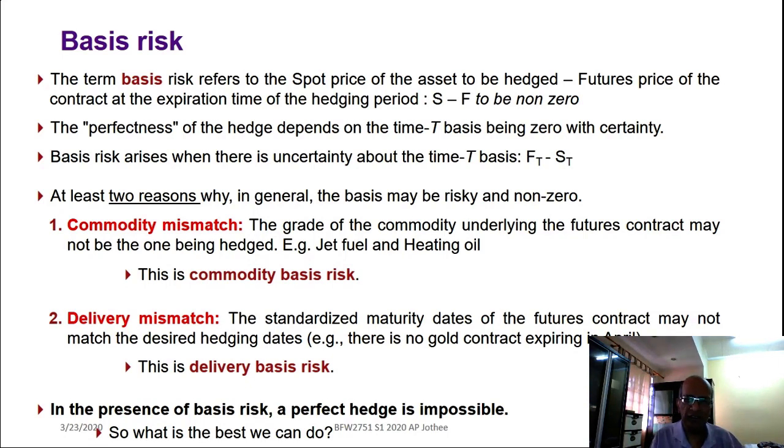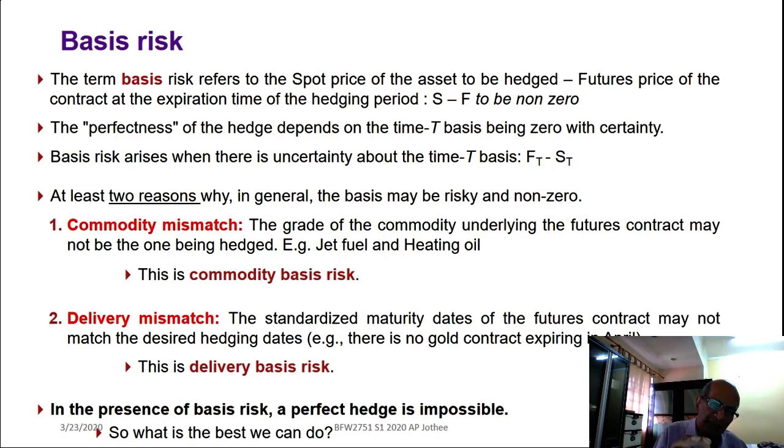You may have to search for another underlying which has an expiration in April, so that you can close out by April and use the gains or losses you got in the futures market to offset the gold underlying, which has a June expiry. So this creates a delivery basis risk.